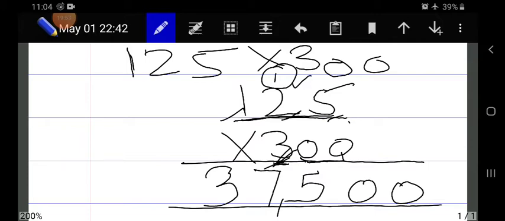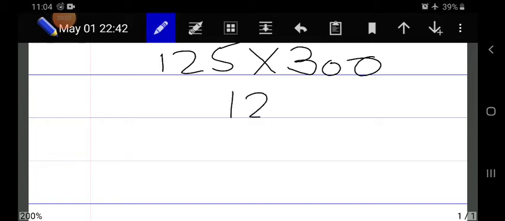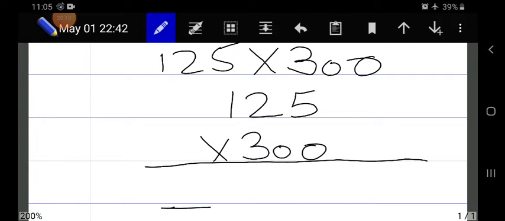I'm going to show it one more time to you all. 125 multiply by 300. Just write it like this. In this sum we are having two zeros, and I have kept those two zeros here.